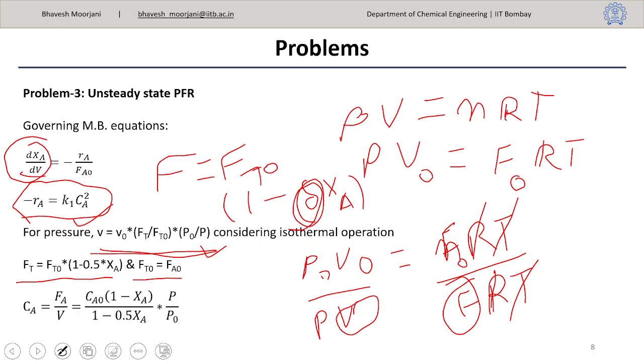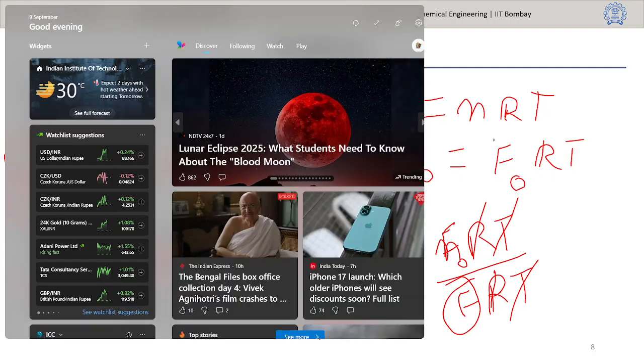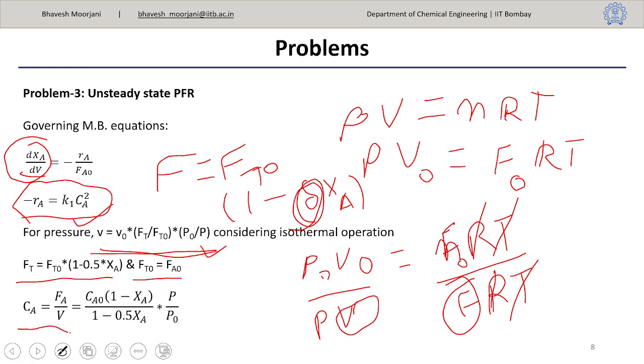Now mole fraction Xa, normally you can relate it as Ca0 minus Ca divided by Ca0, but here your Ca is also varying. Your Ca is given as flow rate divided by volume. Now your volume is also not constant, it's varying with time, varying with the reaction.